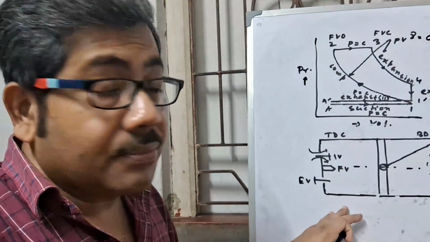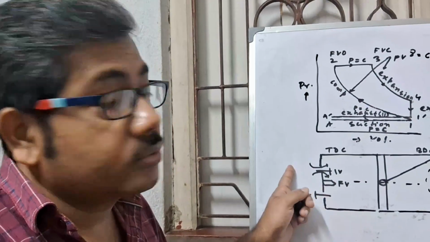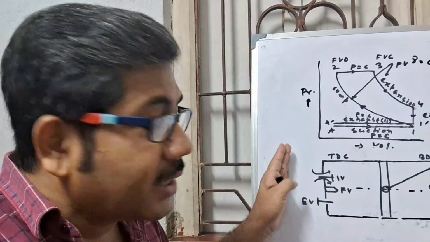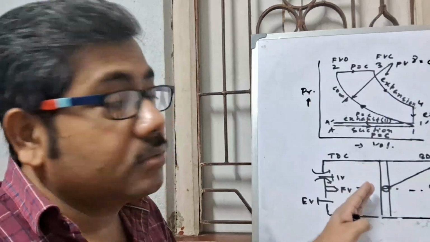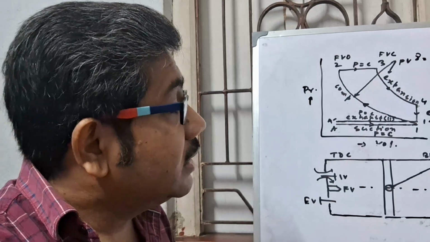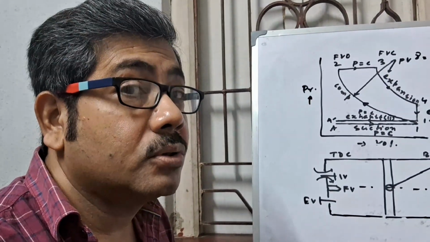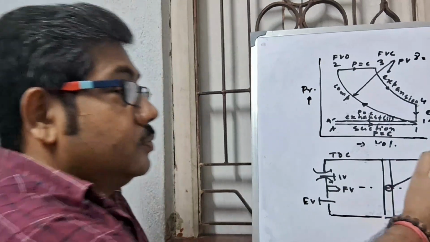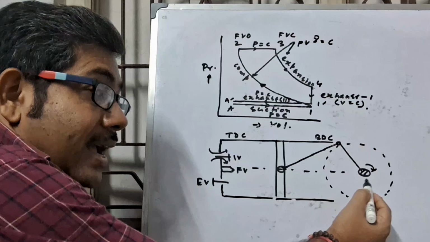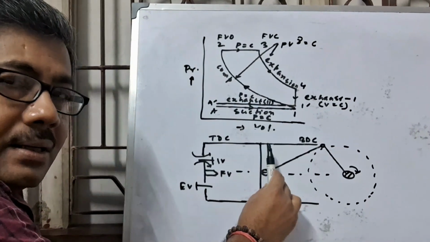But at the first stage, as there is no pressure difference between the inside and outside of the cylinder, outside atmospheric air cannot come into the cylinder. But when we start the engine, the electric starting motor operates through the Bendix drive for about 8 seconds. So the crankshaft rotates and the piston reciprocates inside the cylinder.